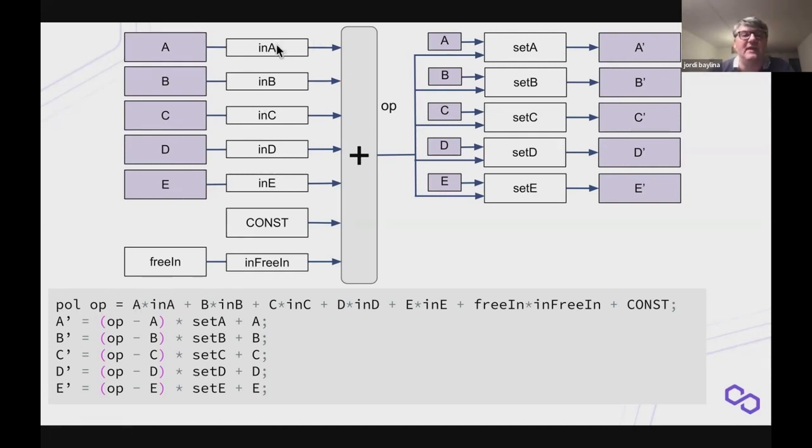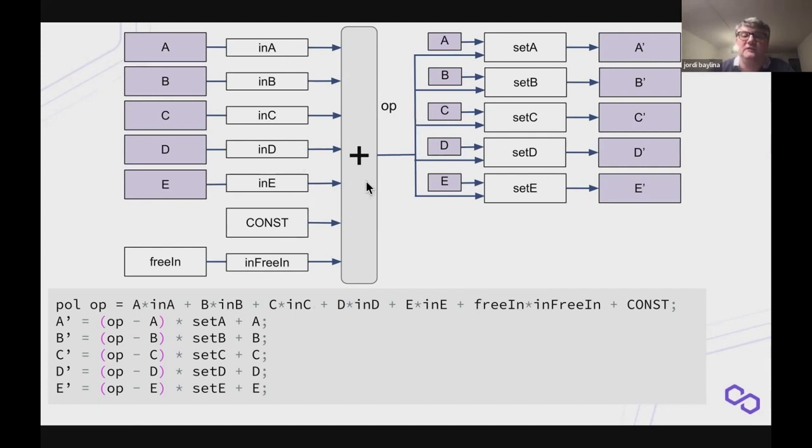So imagine that inA is 1, and inB, inC, inD, inE, everything is 0. Here is A times inA, B times inB. In this case, inA is going to be 1, so op is going to be A, and the remaining are going to be 0. Const is also part of the instruction, so op can be a specific value here.